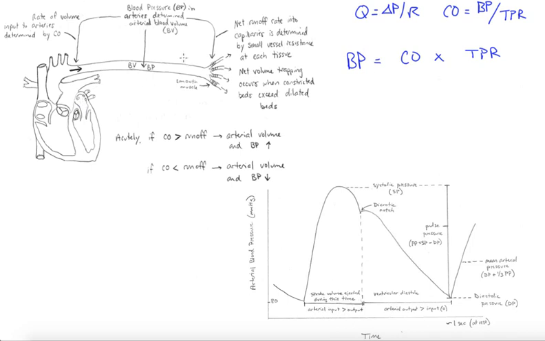So blood pressure in the arterial circuit is directly proportional to the volume in that arterial circuit at any given instant. And here's the easy analogy: the pressure in a balloon is proportional to the volume of air in that balloon.